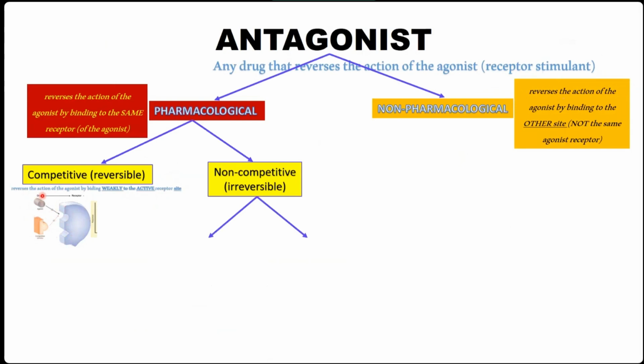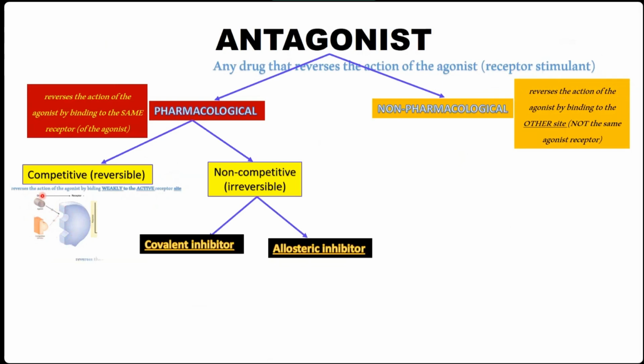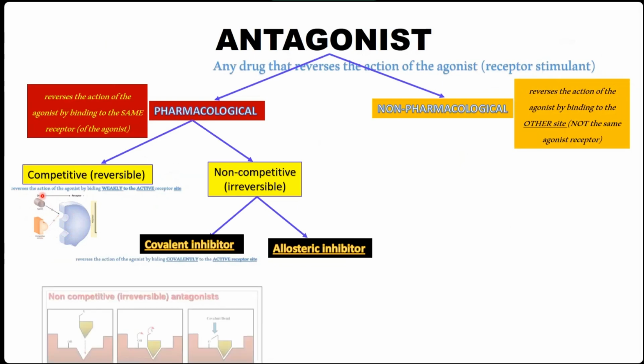Non-competitive irreversible antagonist is further subdivided into covalent inhibitor and allosteric inhibitor. So the covalent inhibitor, in contrast to the competitive reversible antagonist, binds strongly with a covalent bond to the active binding site.